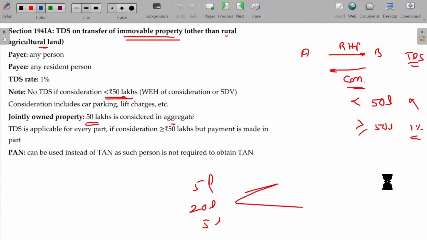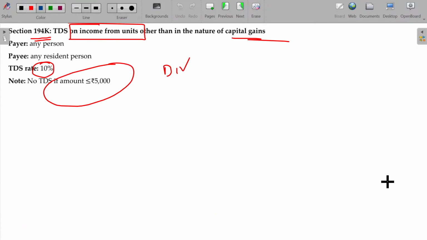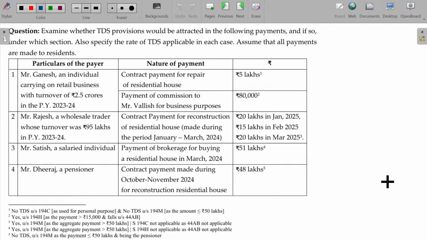Now, examine whether TDS provisions would be attracted in the following payments, and if so, under which section. Also specify the rate of TDS applicable in each case. Mr. Ganesh, an individual carrying on retail business with a turnover of rupees 2.5 crore. So this is related to business purpose.